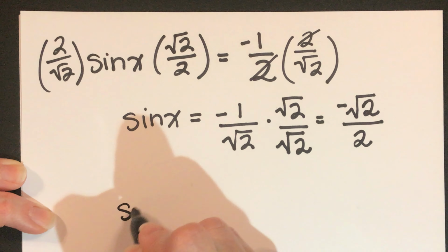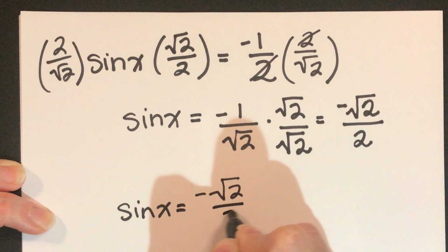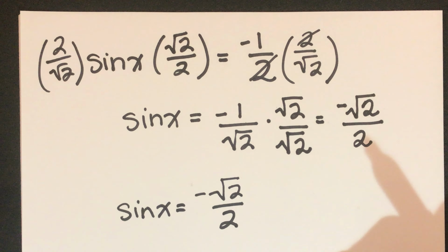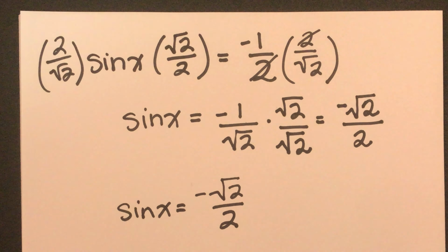So the sine of x equals the negative square root of 2 over 2. And we can find that on our unit circle. I'm using Wilson's Mike Wazowski unit circle that is taped to my wall because I like it. So negative square root of 2 over 2, sine is y.